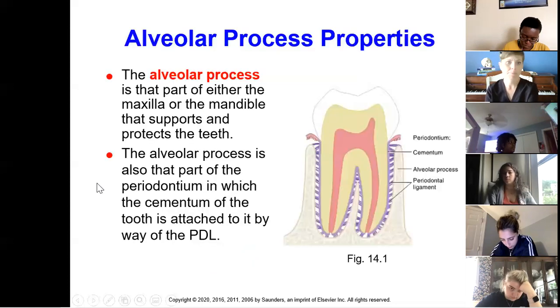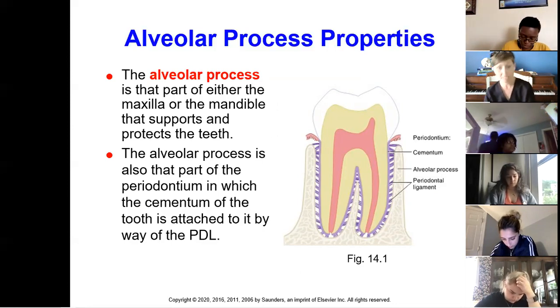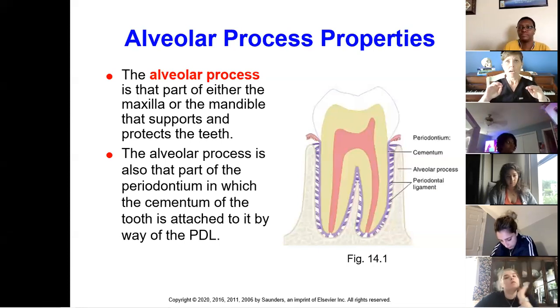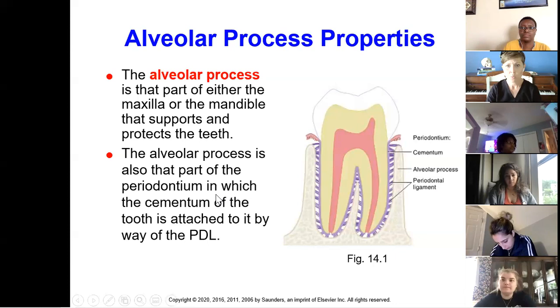All right. The alveolar process is also that part of the periodontium in which the cementum of the tooth is attached to it by way of the periodontal ligament. So your alveolar crest, which is this part right here, this crestal bone, is very, very close.